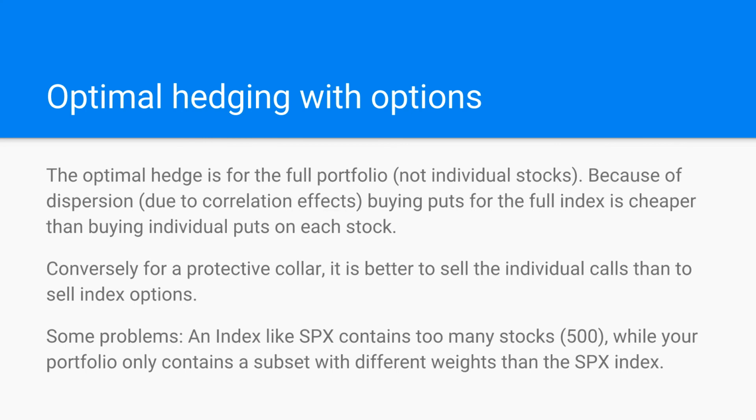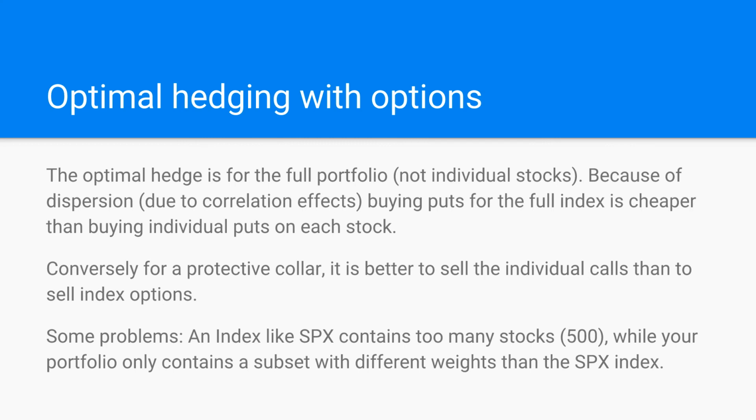And the volatility of the S&P 500 is substantially lower than the volatility of any of the constituents. That's the effect of dispersion, because the constituents don't have a pure 1.0 correlation with SPX. They have 0.5, 0.6. They are correlated, but not quite 1.